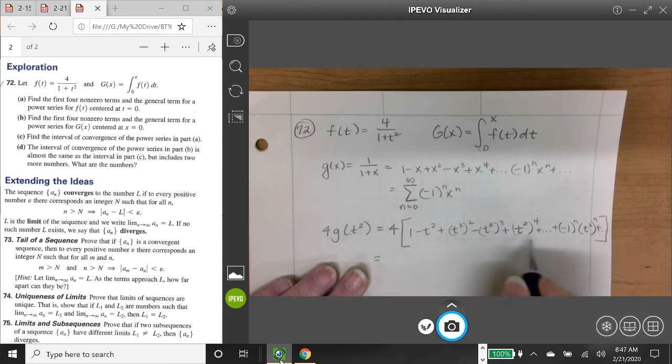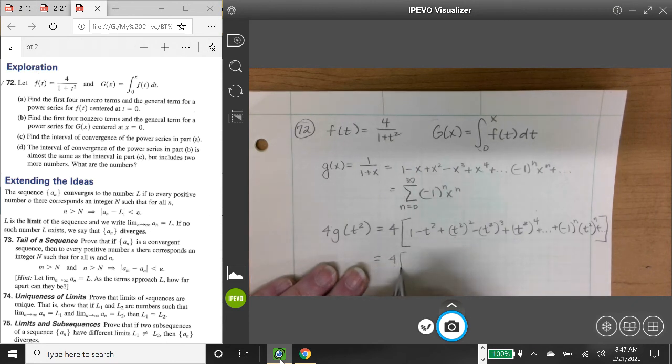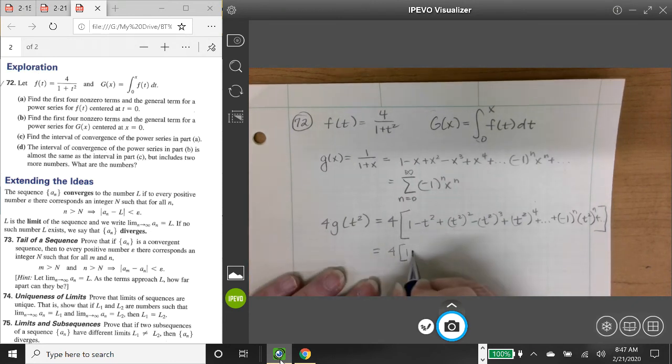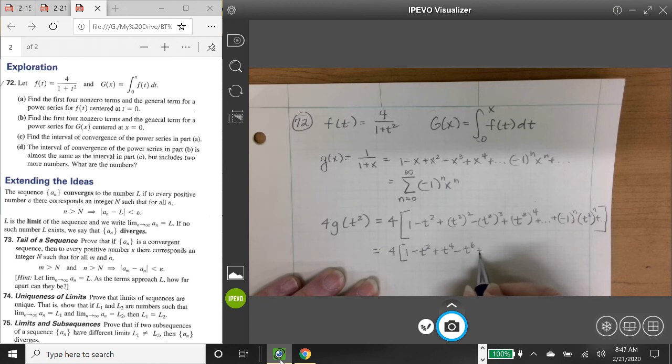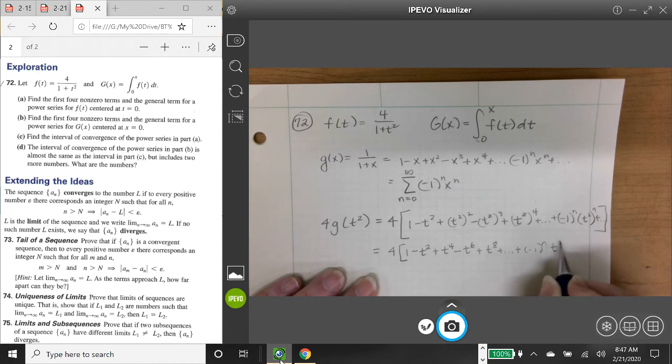Okay, and so this is going to be 4 times, let's simplify this a bit, 1 minus t squared plus t to the 4th minus t to the 6th plus t to the 8th plus dot, dot, dot, negative 1 to the n t to the 2n plus dot, dot, dot.